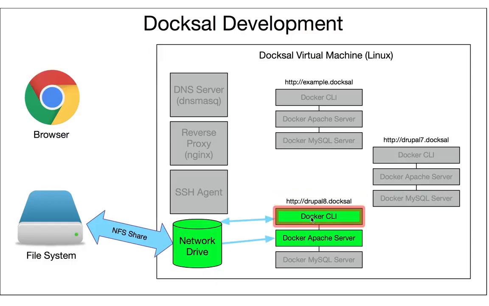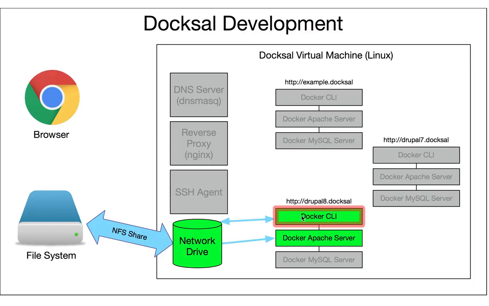And then each individual Docker container that requires access to those files will do a sort of secondary mount using what's called a Docker volume. I'm not going to go too deep into what a Docker volume is and how it works, but just know that it is, for most purposes, functionally equivalent to an NFS share.